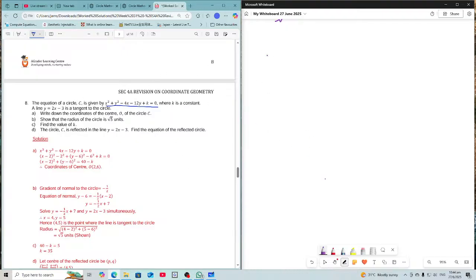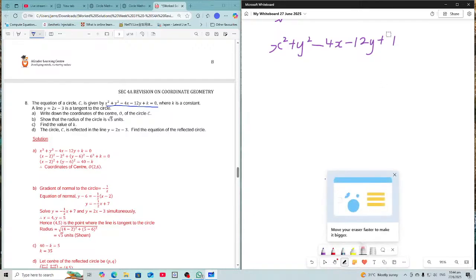Let's say now I have x squared plus y squared minus 4x minus 12y plus k equals 0. Assuming now I know my k is 35, I want to explain to you what if I know the k, but I want to complete the squares, or should I memorize?